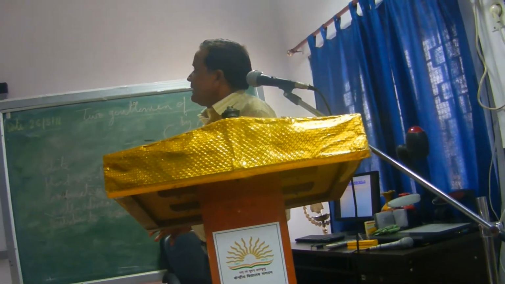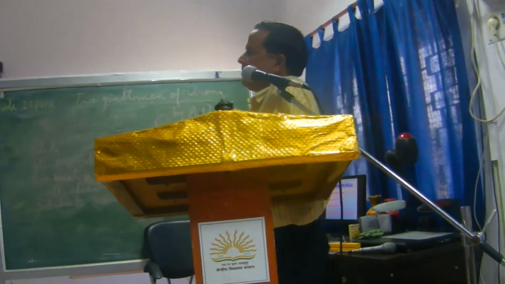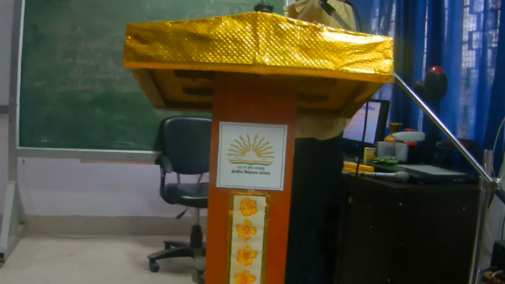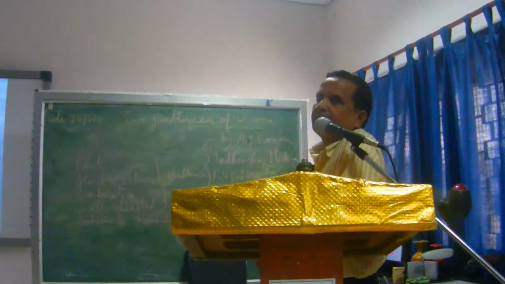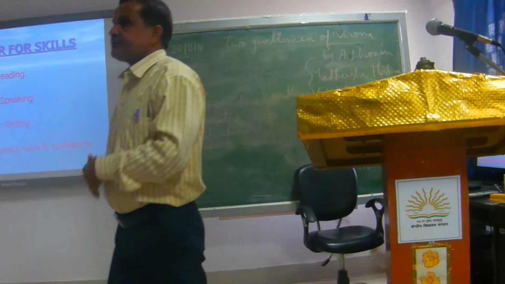Grammar for skills. Grammar for reading, grammar for speaking, grammar for writing. Thus infuse accuracy, ease and confidence. Though I am going to give an example to it, still a little discussion is required at this juncture. Grammar for reading.